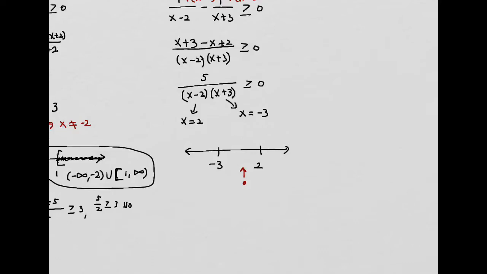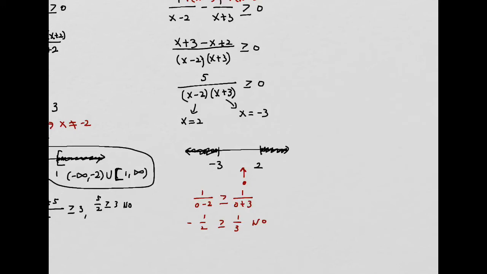So when you let x equal 0, then you get 1 over 0 minus 2 compared with 1 over 0 plus 3. You get negative 1/2 and positive 1/3. Obviously, a negative number is smaller than a positive number, so the middle area is not included, right? It means your solution includes both ends, this area and that area.